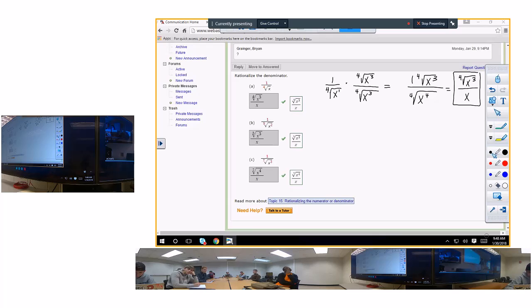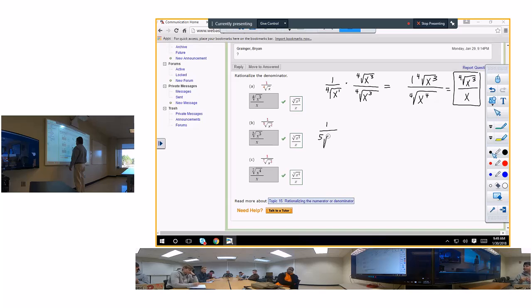Fifth root. 1 over the 5th root of x squared multiplied by the 5th root of x what? X cubed. You're going too fast. Equals, what's x squared times x cubed? X to the fifth.